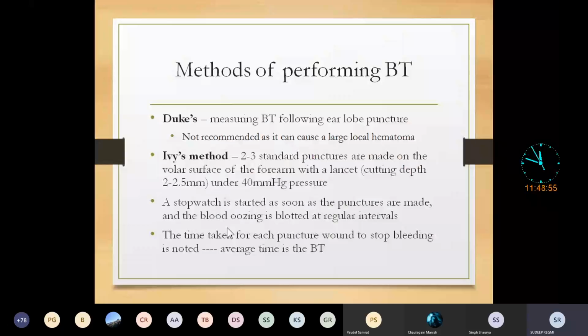The blood which is oozing out is blotted at regular intervals. The time taken for each puncture wound to stop bleeding is noted, and the average time is the bleeding time.